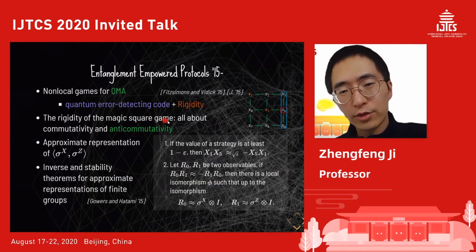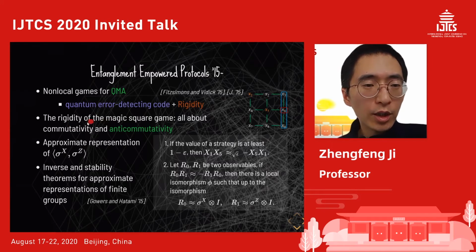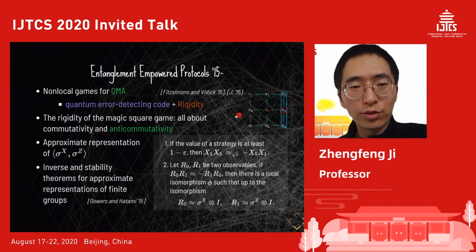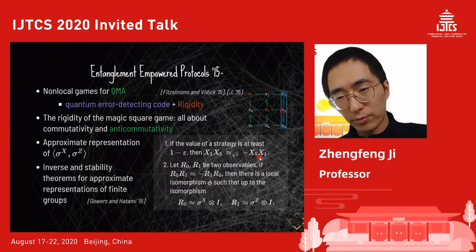The error detecting code technique wasn't used in our final proof, but rigidity is an essential ingredient. So I'll spend a bit more time describing what it means to have rigidity for a game. For example, the Magic Square game has rigidity. When the provers Alice and Bob have a strategy that's close to 1 minus epsilon, that is almost perfect, then the measurements assigned to the variables x1 and x5 have to anti-commute.